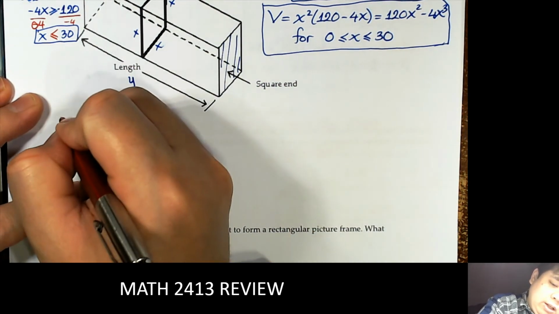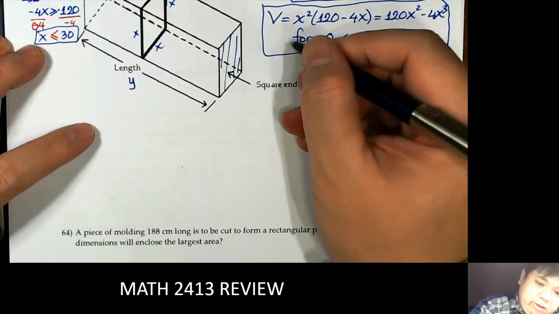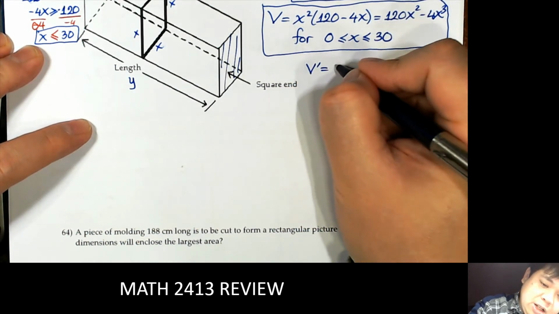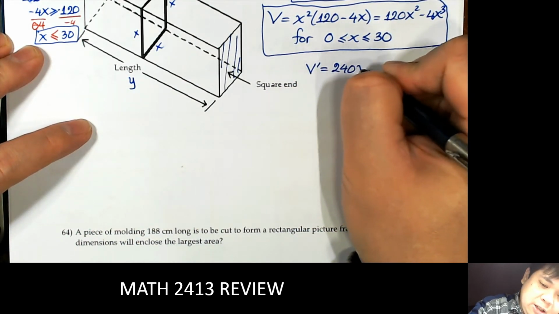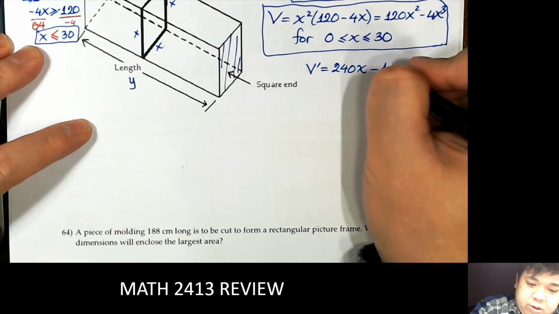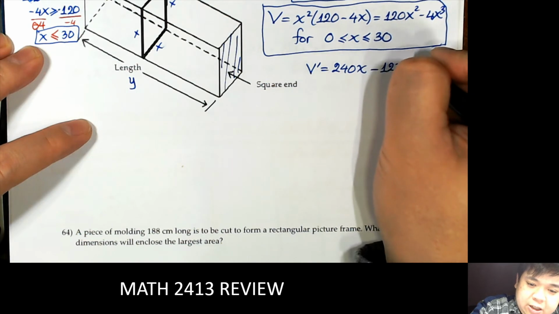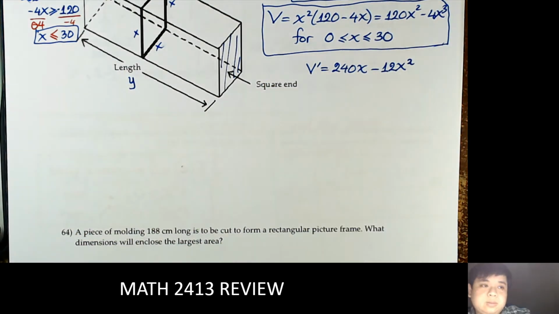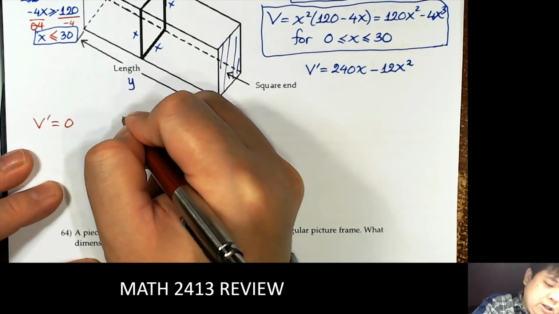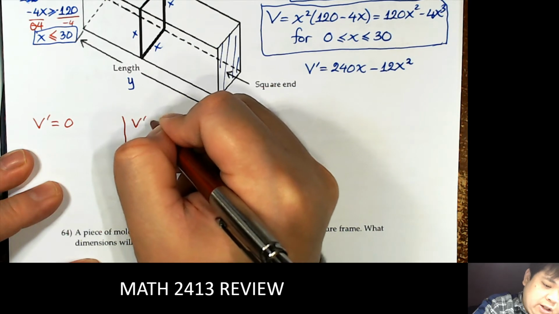So the derivative of this is 240x minus 12x squared. Derivative equal to 0. Derivative does not exist.